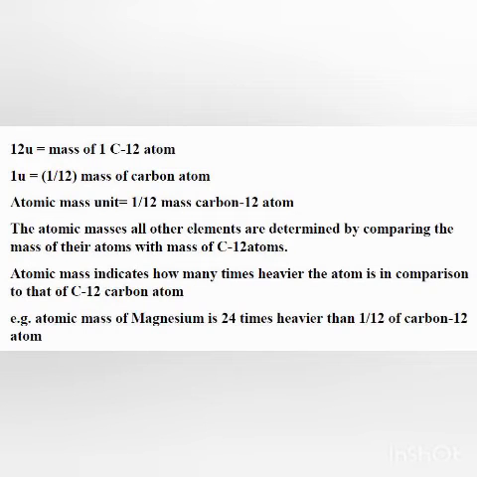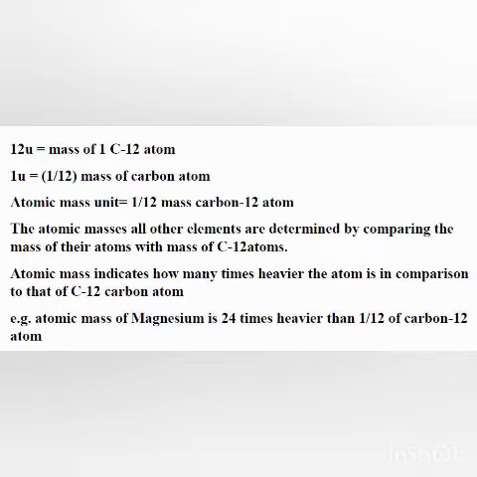So students, if you want to buy some onion, let us say 2 kgs of onion, what is done? The unknown weight of onion is compared with the known weight of 2 kg. So what is happening here? The unknown weight is compared with the standard weight. The same thing happens in case of atoms also.